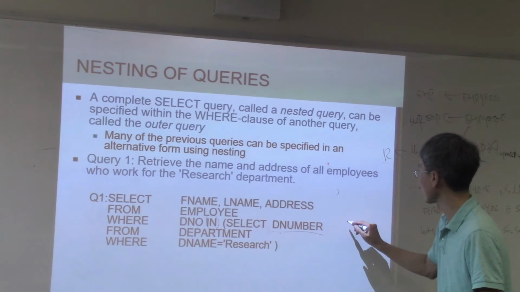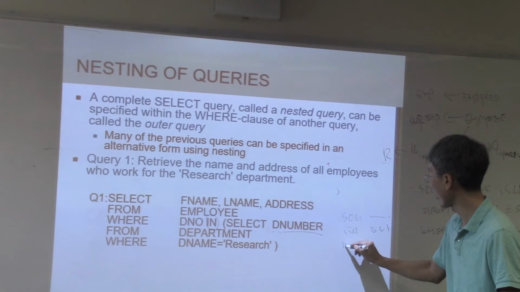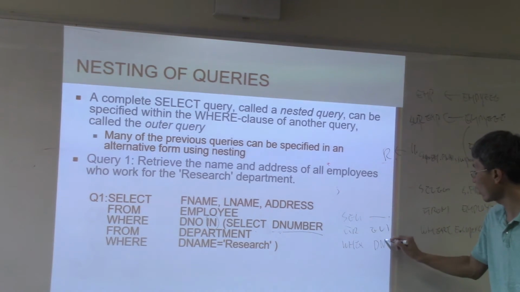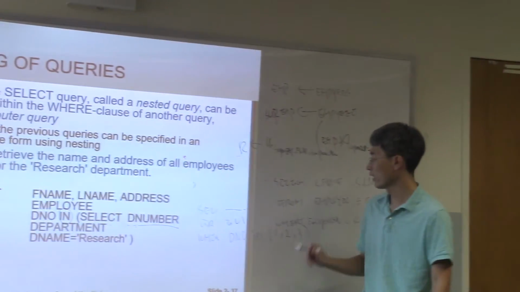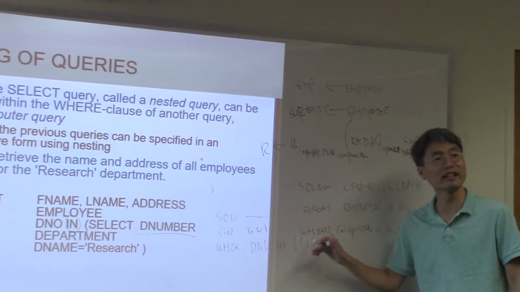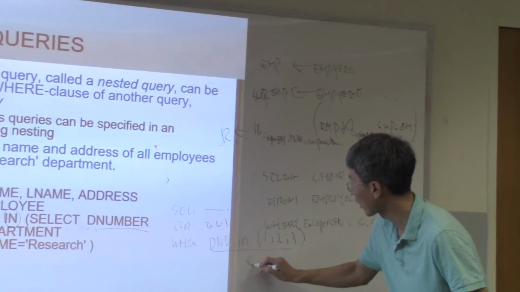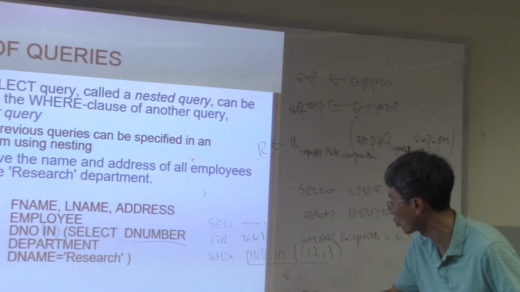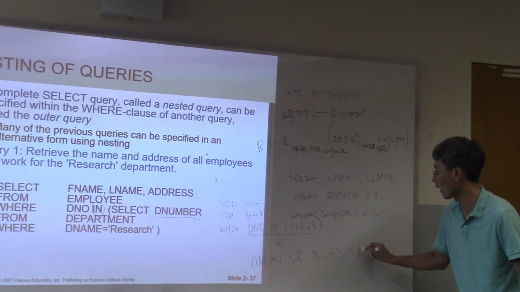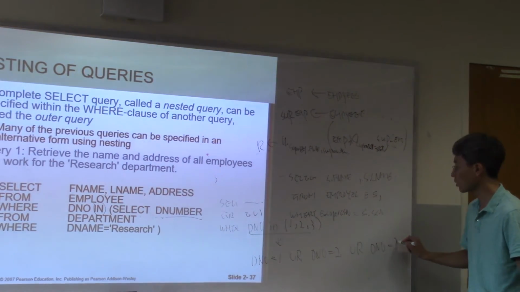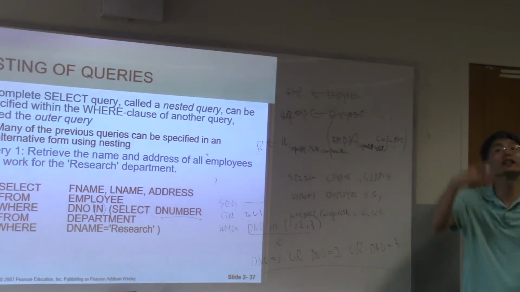For example, select exactly the same thing from employee where DNO in 1, 2, 3. As long as DNO is one of these, that will be returned. This can be converted into DNO equal to 1 or DNO equal to 2 or DNO equal to 3. This query is automatically converted to this one internally.